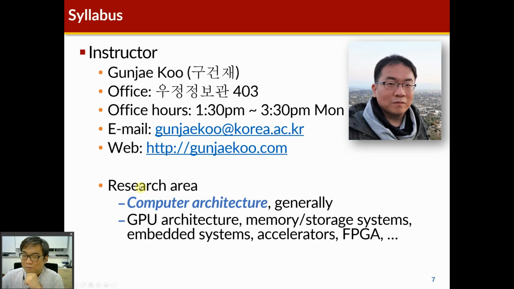My research area is generally computer architecture, and my research lies in GPU architecture, memory and storage systems, embedded systems, accelerators, and FPGA. If you are interested in my research, you can apply to be an undergraduate researcher, like a 학부 연구생.